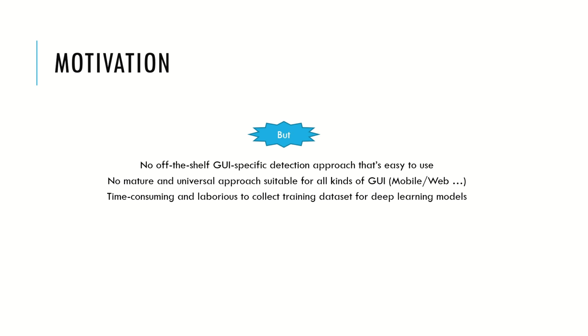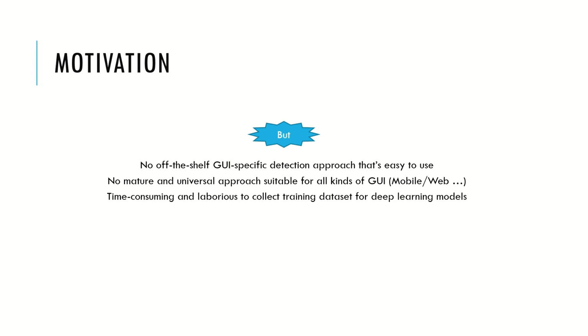However, although the GUI element detection is as important as we see, there are still some problems with it. First, there is no off-the-shelf GUI-specific detection approach that's easy to use.